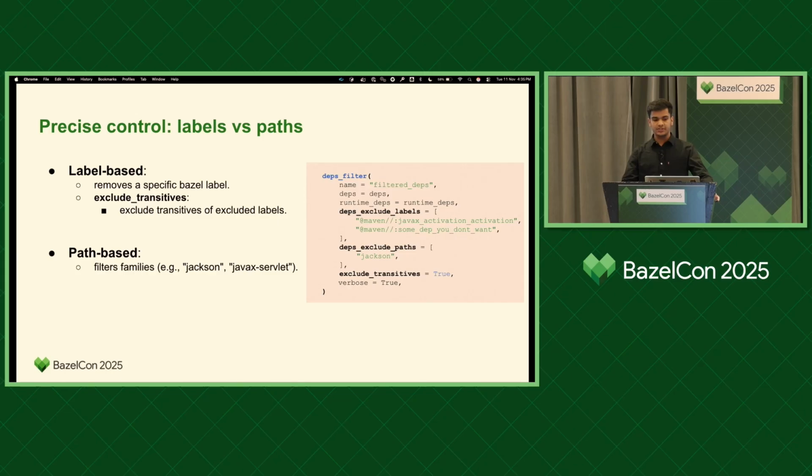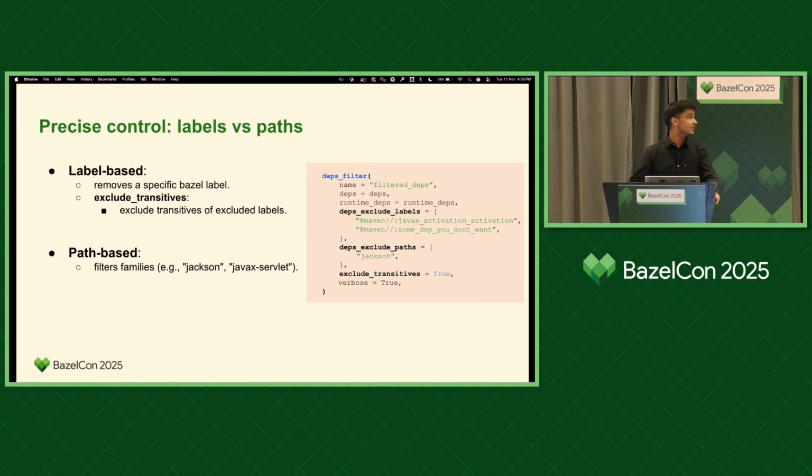To exclude transitives, we provide 2 ways. First is label-based. So specify the transitive you want to exclude in the deps exclude labels and optionally drop its transitives with exclude transitives by setting exclude transitives to true. Second is path-based. This is helpful for filtering out a family of jars.